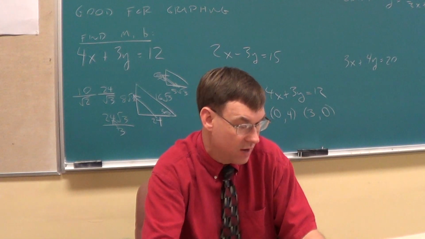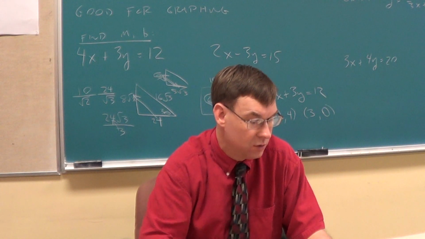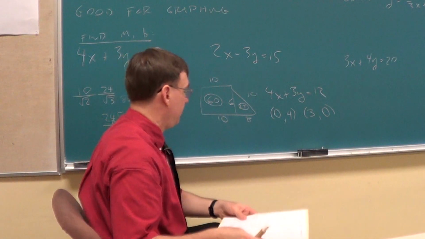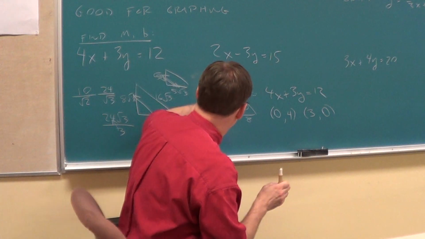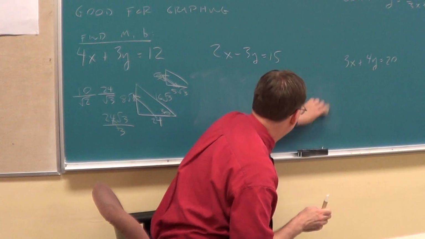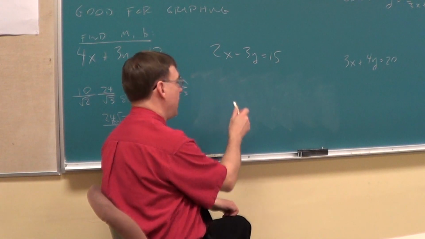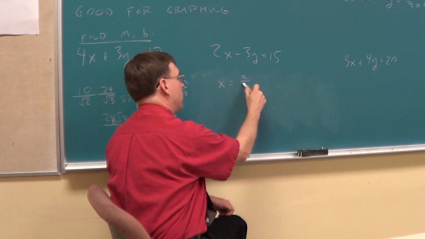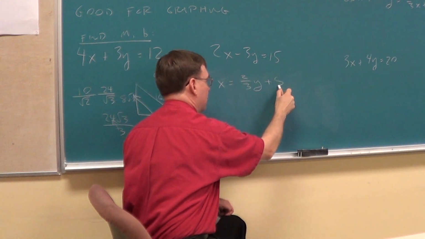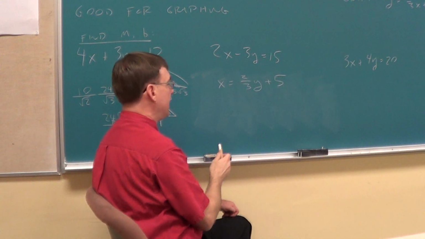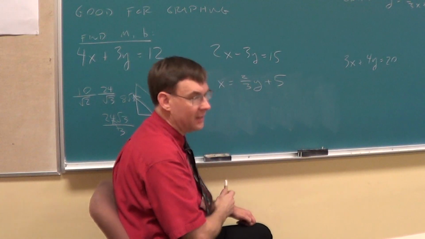5, I don't think is very convenient to get it into y equals form. So I'm going to use tactic number 4, which is kind of like the bailout fail-safe way that you can graph anything, not just lines: make a table.